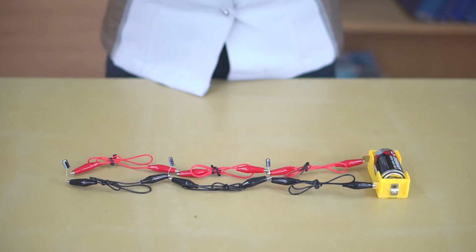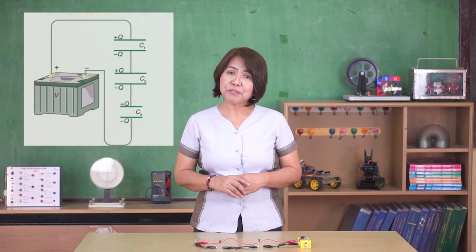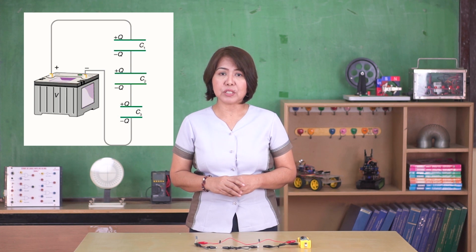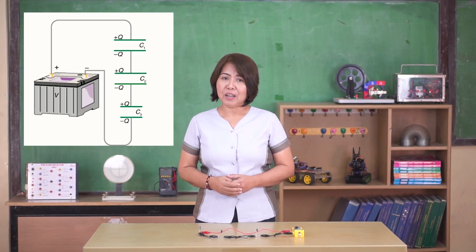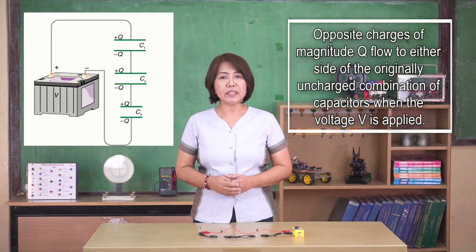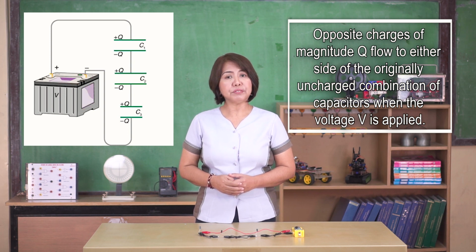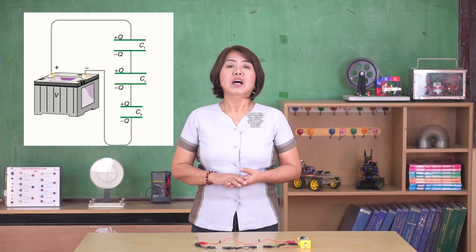Now, let us look at how capacitors are connected in a series circuit. This figure shows the series connection of the three capacitors with the voltage applied. Note that in this figure, opposite charges of magnitude Q flow to either side of the original uncharged combination of capacitors when the voltage V is applied.